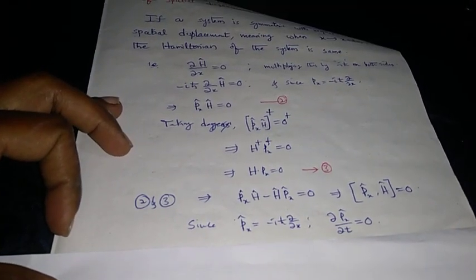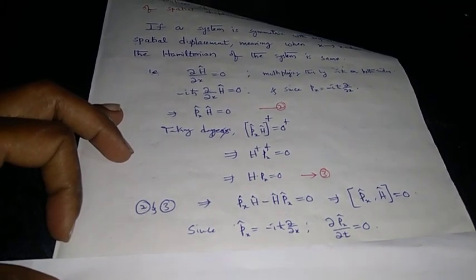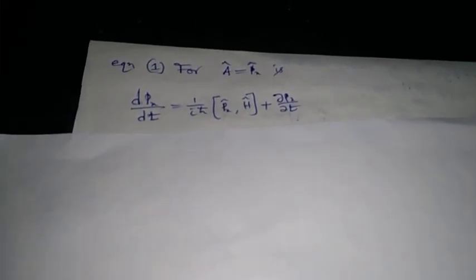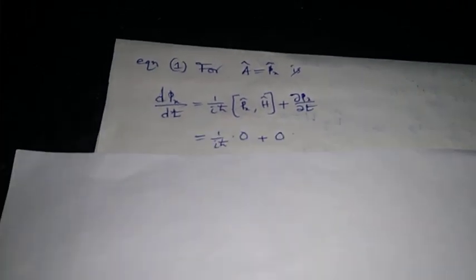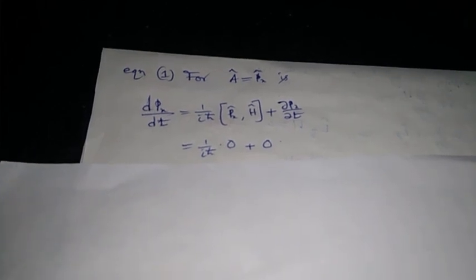Since the operator px is minus iħ ∂/∂x, and it does not have any explicit time dependence, we can write ∂px/∂t equals 0. So equation number 1 for the case of operator A being just the px operator can be written as dpx/dt equals 1 over iħ times the commutator of px with H plus ∂px/∂t. But we have just seen that this commutator and the partial derivative are zeros.